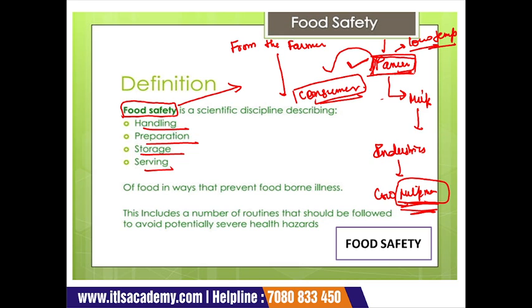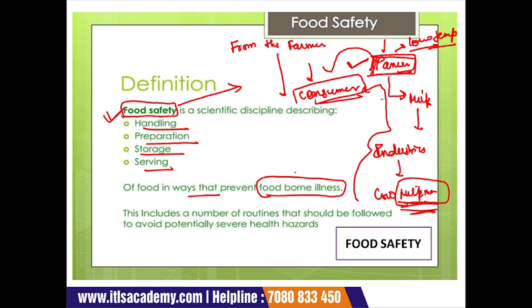So it is also important to control the storage temperature of the food. Then after that it reaches the consumer. So when we ensure the safety of the food at each and every point, it is called food safety, handling food in a way that prevents foodborne illness.